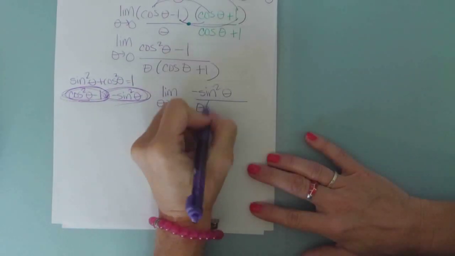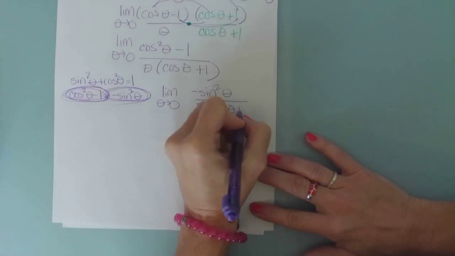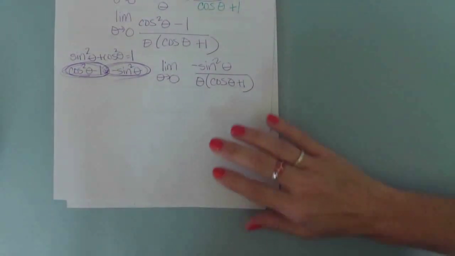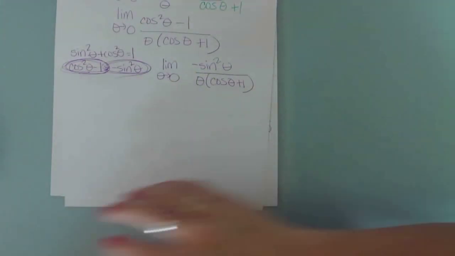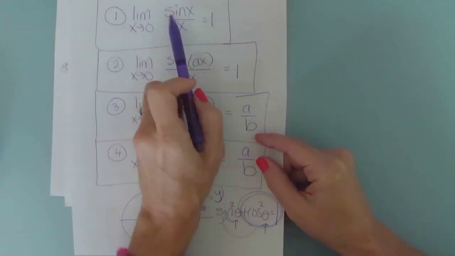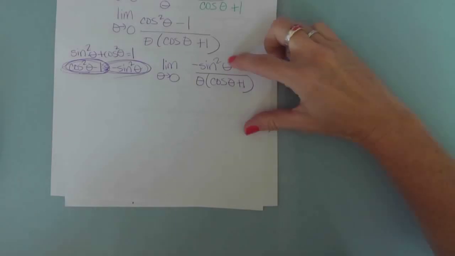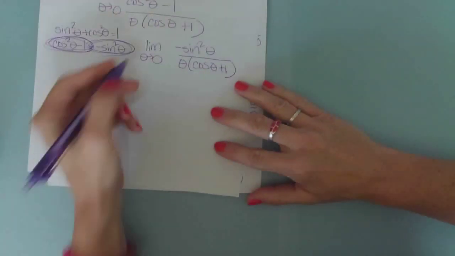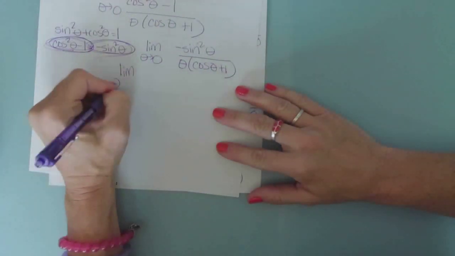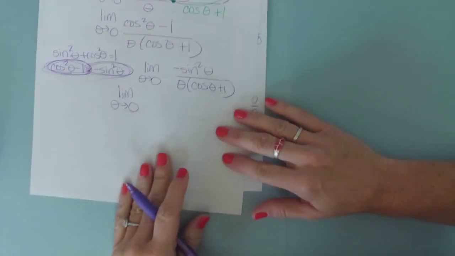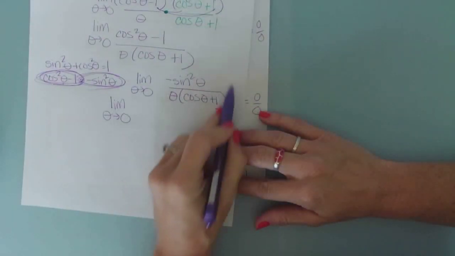So coming down, I've got the limit as theta approaches 0 of negative sine squared theta over theta times cosine theta plus 1. Now, I'm looking for sine x over x, sine theta over theta, not sine squared theta.